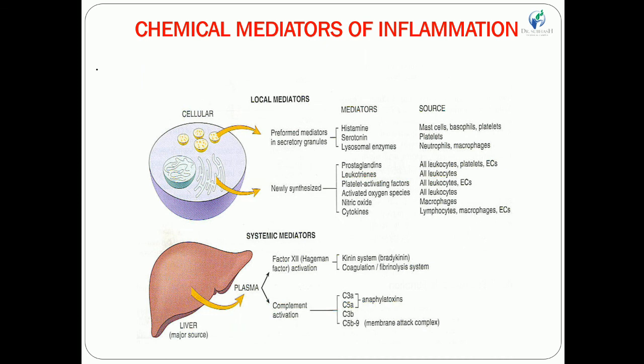Next is nitric oxide with its free radicals and the cytokines. So these are all: histamine, serotonin, lysosomal enzymes, prostaglandins, leukotrienes, platelet activating factors, activated oxygen species, that is free radicals, nitric oxide and cytokines. They all come under cell derived mediators.